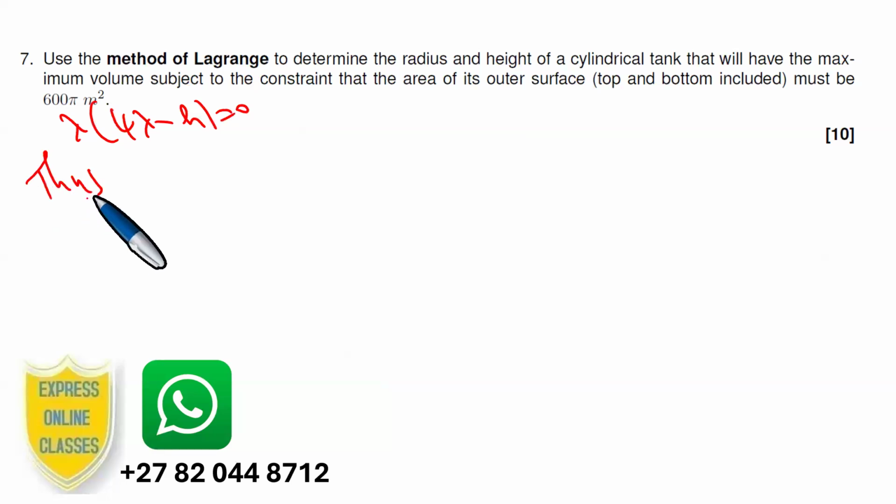Thus, from this, we're able to see that lambda is equal to 0, but also lambda becomes h over 4.